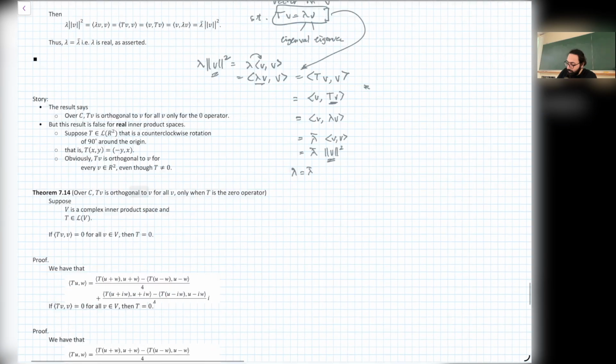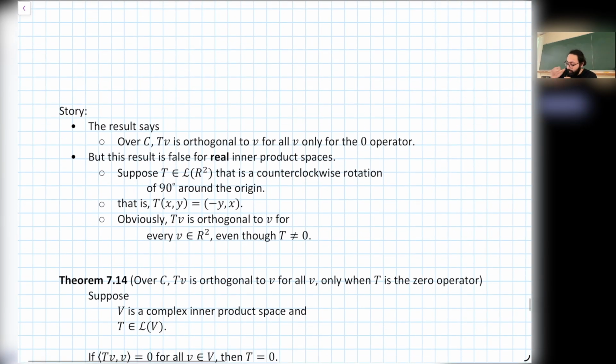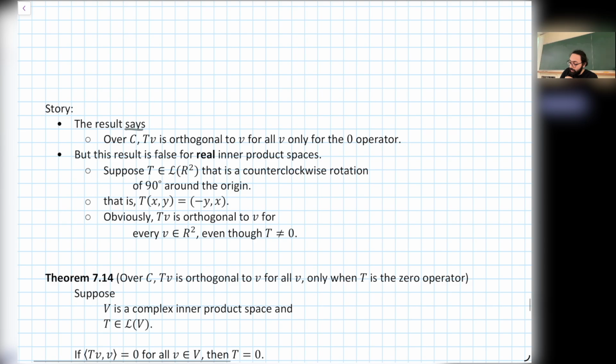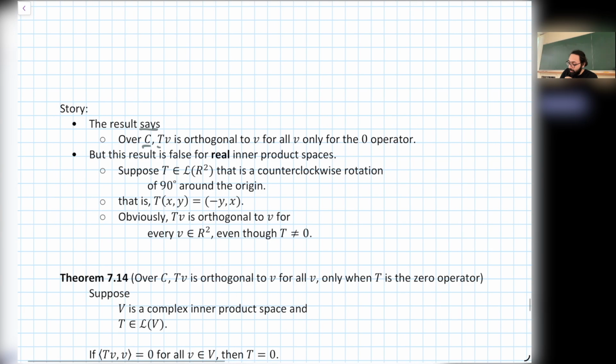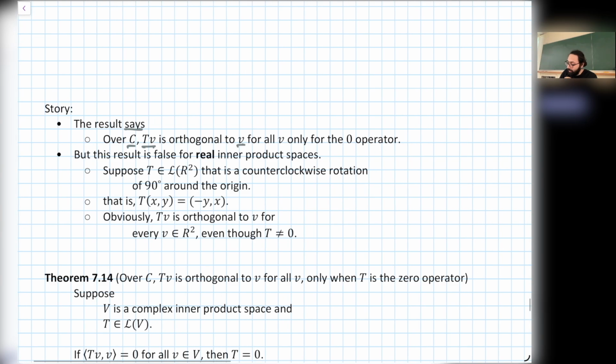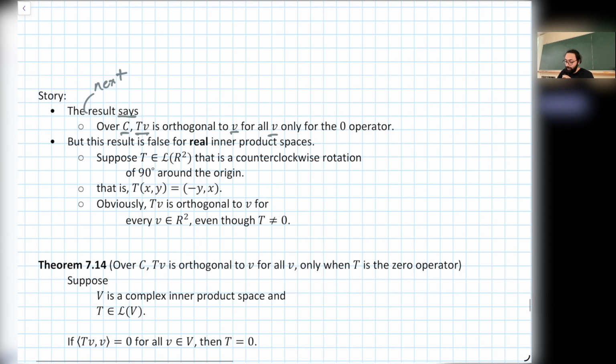Okay, so let's continue then. Now the next result, the one that we're going to write down now, I haven't written it down. So what does the next result say? It says that if you're over the field of complex numbers, and <TV, V> is orthogonal, okay, so you take some vector V, you apply the operator T on it, you'll get some new vector.